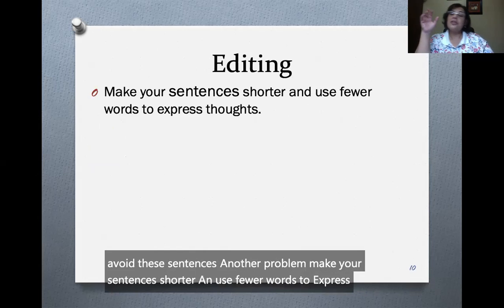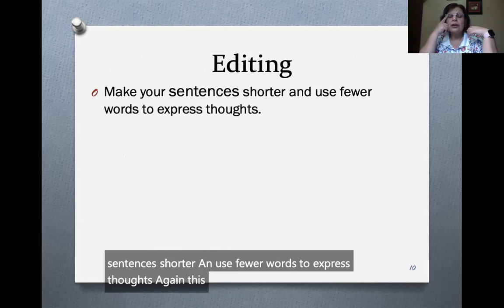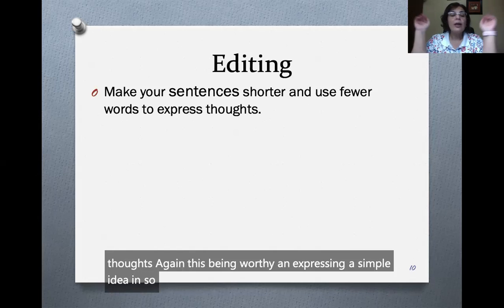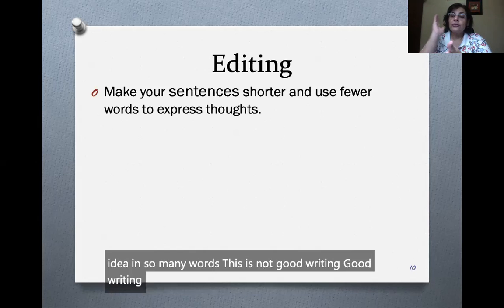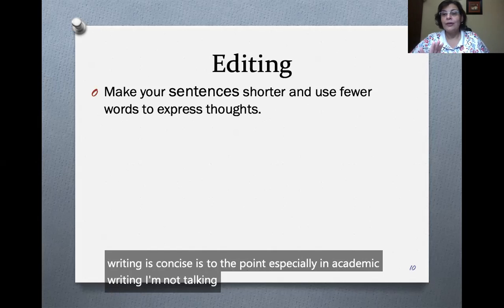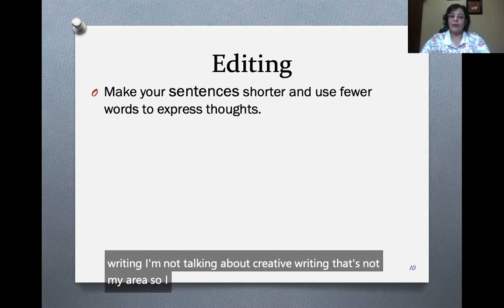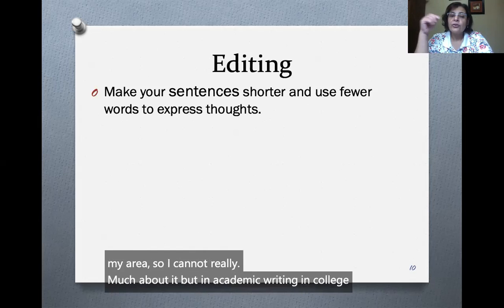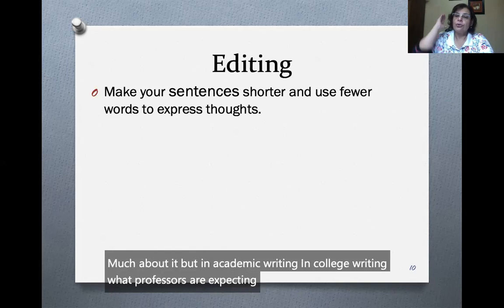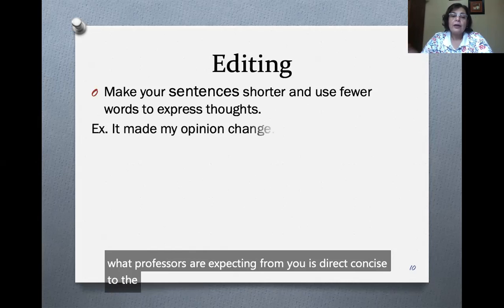Being wordy and expressing a simple idea in so many words is not good writing. Good writing is concise, to the point, especially in academic writing. I'm not talking about creative writing. That's not my area, so I cannot really say much about it. But in academic writing, in college writing, what professors are expecting from you is direct, concise, to the point writing, okay?